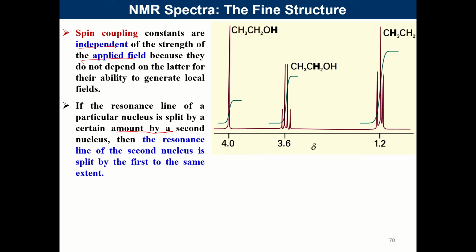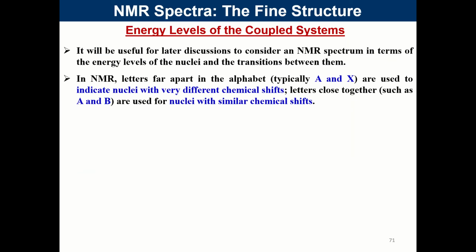If it is a 1:1 interaction, then the second nucleus is also split to the same extent, so the separation between the two lines would be the same. We'll just see by example. So let's take an example.